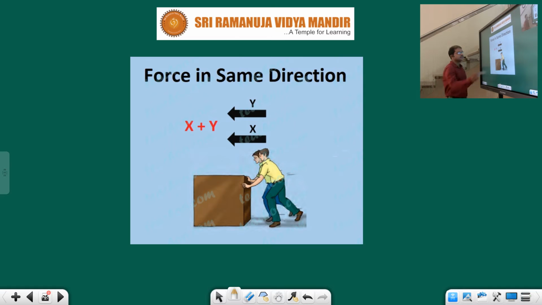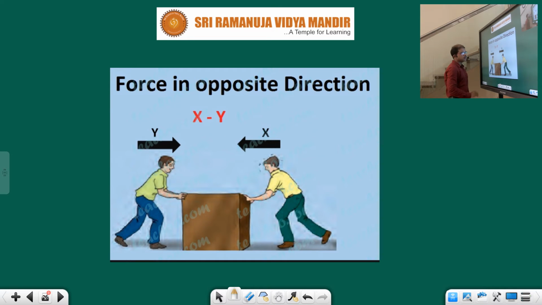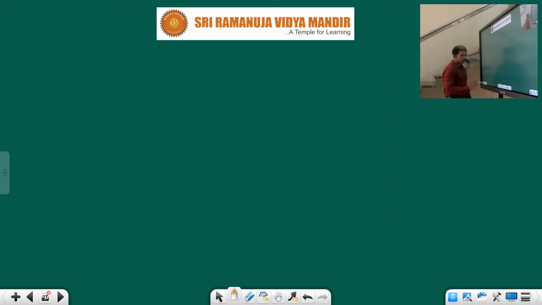See, children, here both these two persons are acting with force on this block in the same direction, so we add. Here, since both are acting with force in opposite directions, we subtract. See children, here is an important point.